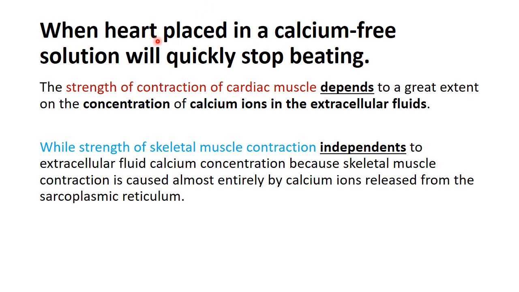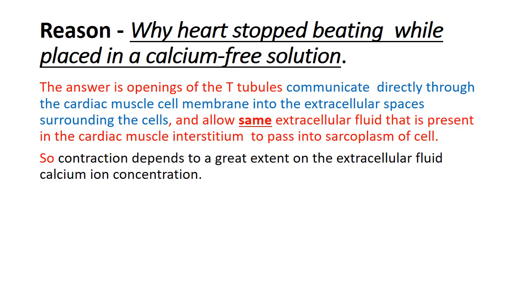So when the heart is placed in a calcium-free solution, the heart stops beating. Another way, the strength of contraction of the cardiac muscle depends to a great extent on the concentration of calcium ions in the extracellular fluid, but it is independent in skeletal muscle.